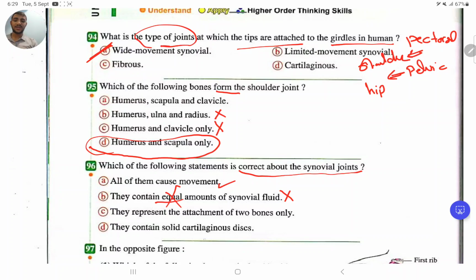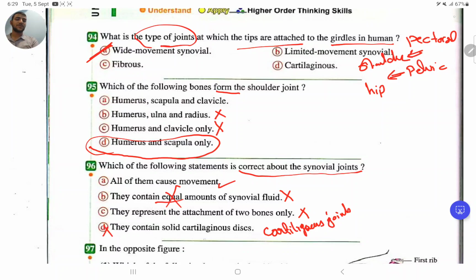In the elbow joint and the knee joint, I have three bones, so it's not a general rule. They contain solid cartilage discs? Not synovial at all, guys, that is a cartilaginous joint. So it's a wrong answer also.